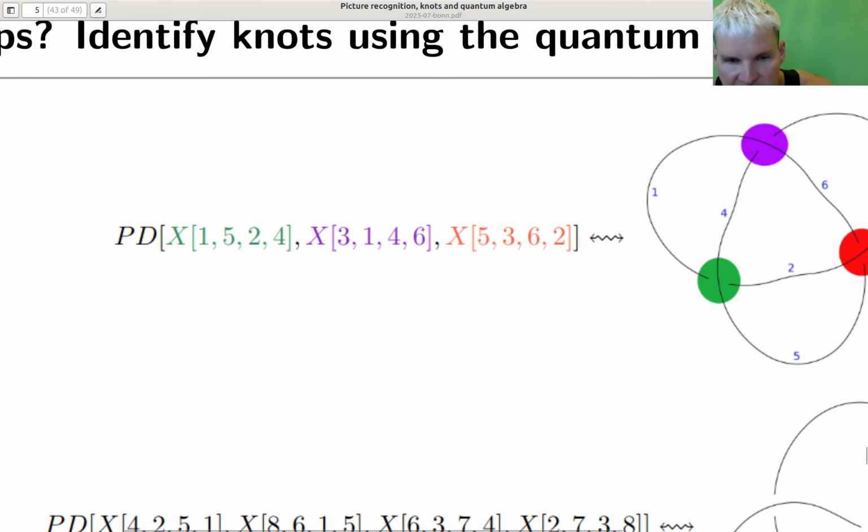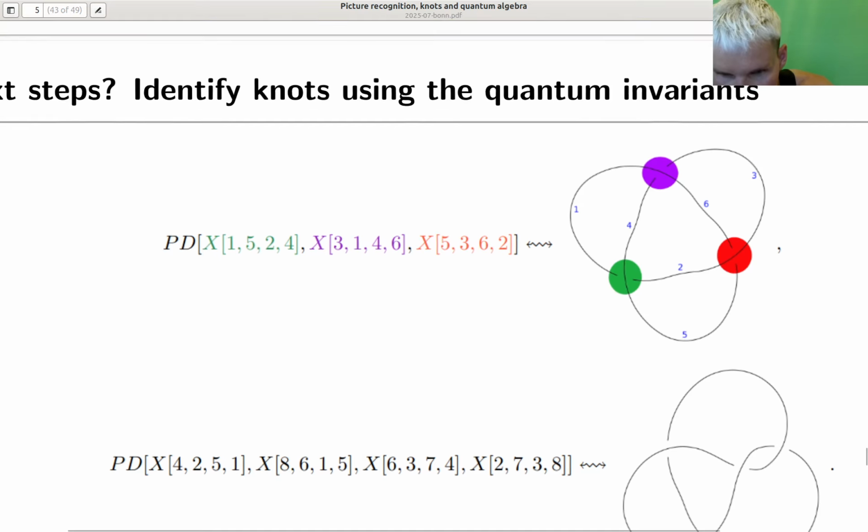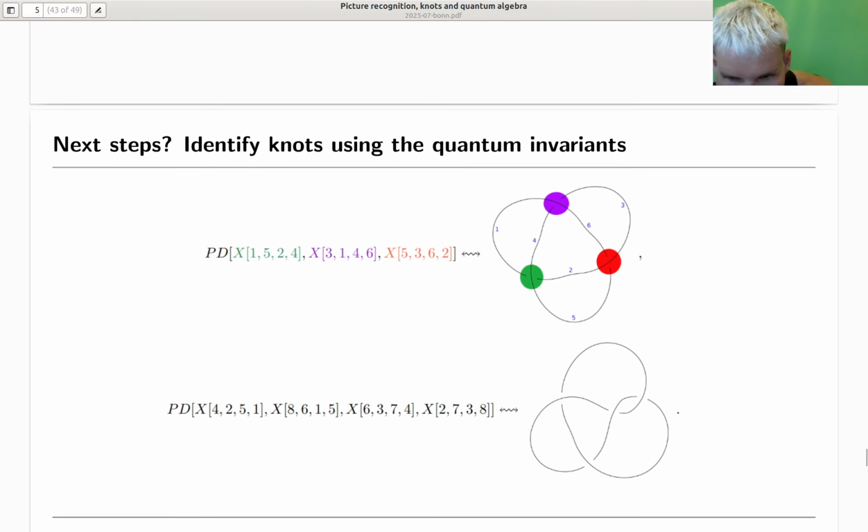And you can literally just read that off from the diagram, and the machine can read that off from the diagram as well. Very similar to the crossing recognition. You now also need to recognize the edges, right? And then just count them, essentially. So that works quite well.